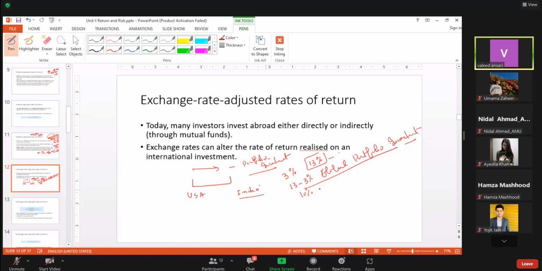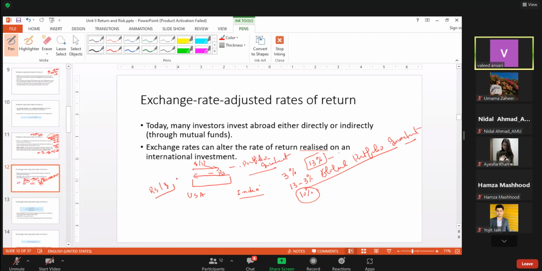So to take advantage of this high return. Now, this money will not stay here forever. Naturally, those who make investment will, after a certain period, remit the money back to the US. So first, they will convert dollar into rupee to make investment, and then they will convert the return generated in rupee back to dollar.